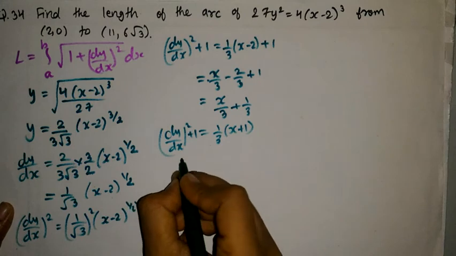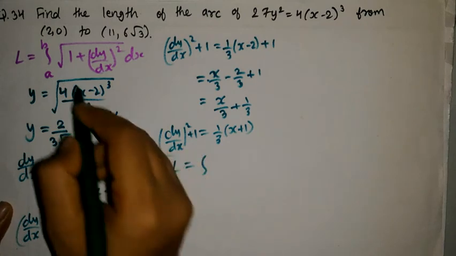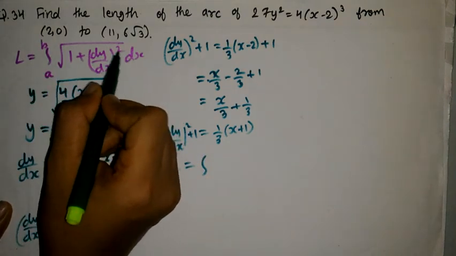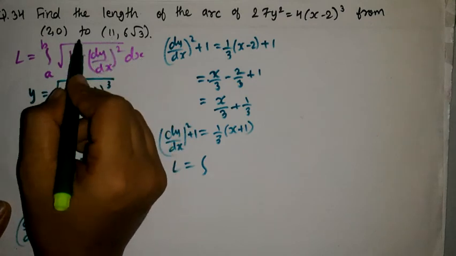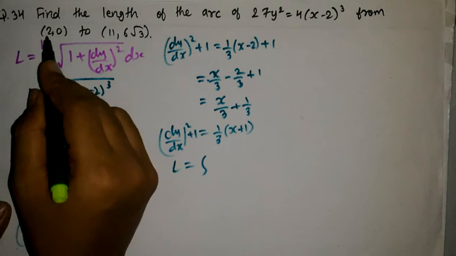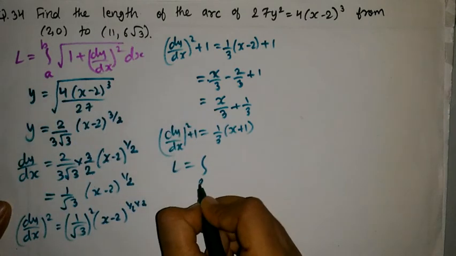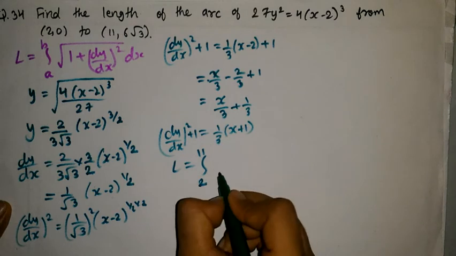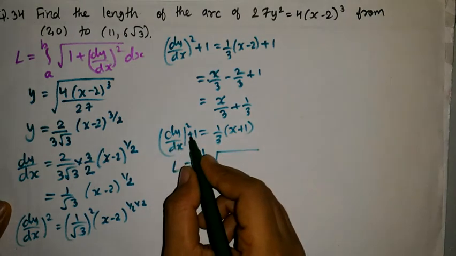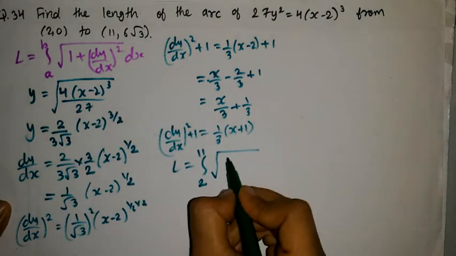So now L is equal to the integration, and since we have changed the curve in terms of x, we will put the limits of x. The limits of x are 2 to 11, and the integrand is the root of dy upon dx whole squared plus 1. We have found this term, so directly put it in.